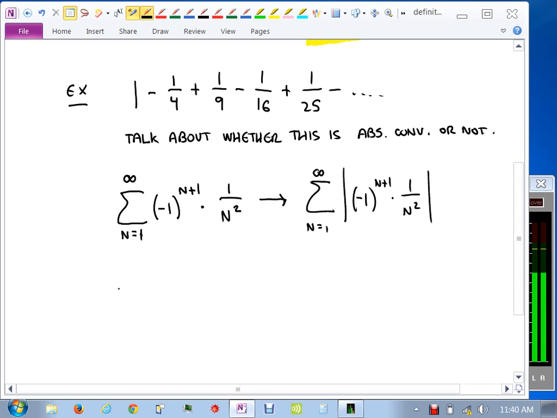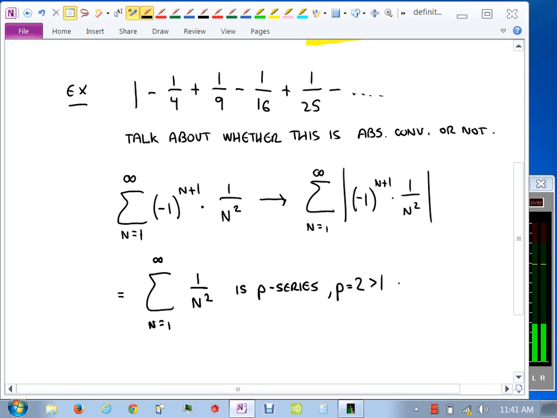So this is just equal to the sum n equals 1 to infinity of 1 over n squared, which is a P series, P being 2, which is greater than 1, which means it converges.